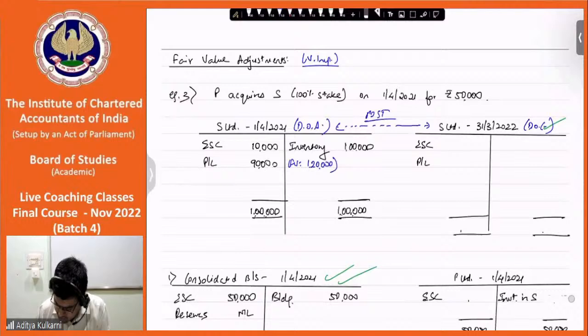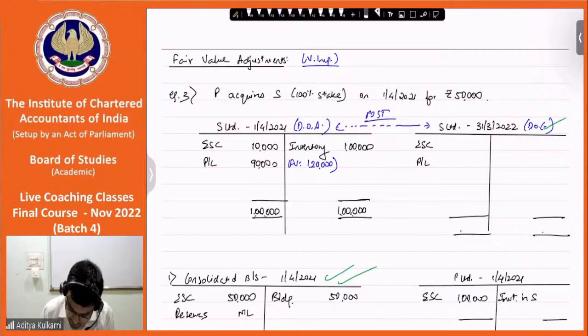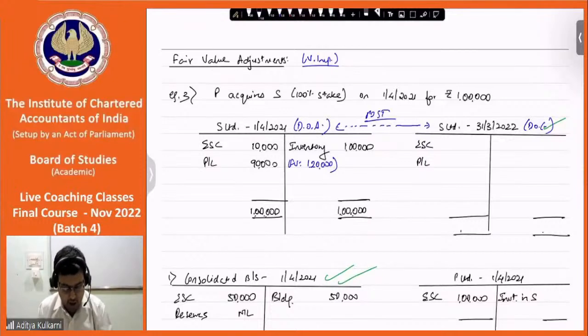Corresponding changes. You have acquired 100% stake not for 50,000 but for 1 lakh rupees. So on 31st March 2022, S Limited has sold this inventory.